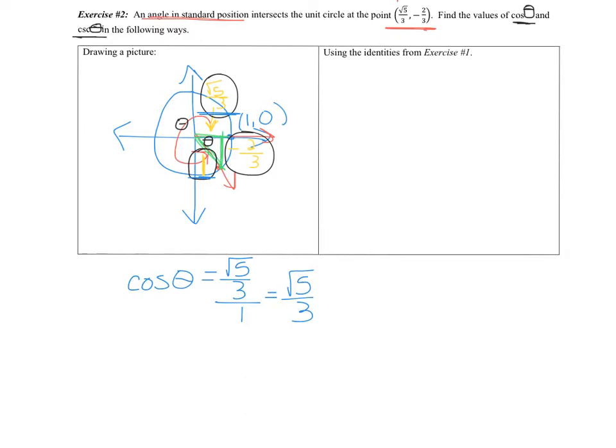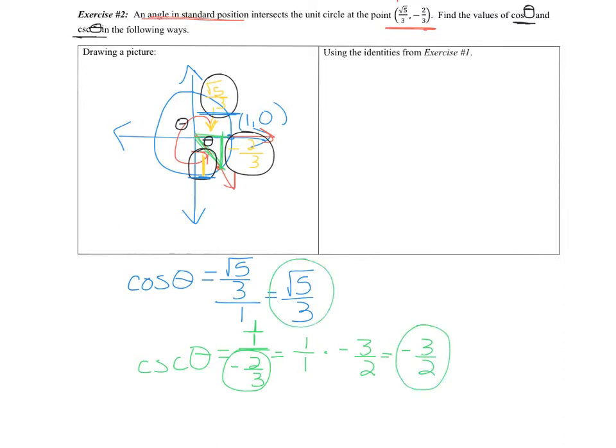And for cosecant of theta, I need to do the reciprocal of sine, so I'm going to do hypotenuse over opposite. So 1 over negative 2/3. We're going to keep change flip. I'm going to make the numerator 1 over 1, and I'm going to flip the bottom fraction. 1 over 1 times negative 3 over 2. So I just get negative 3 over 2. So here are my answers.